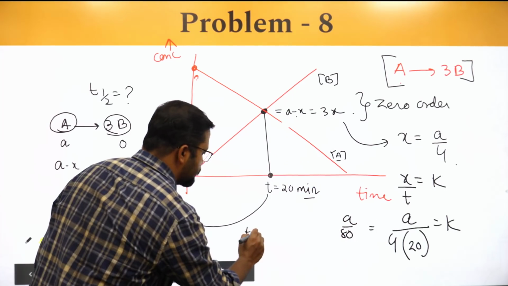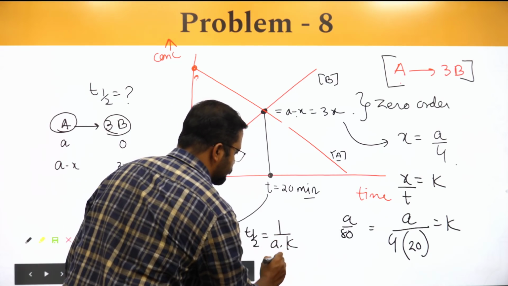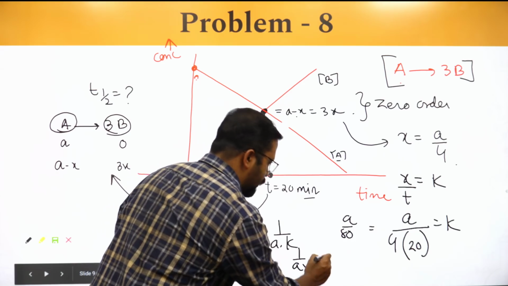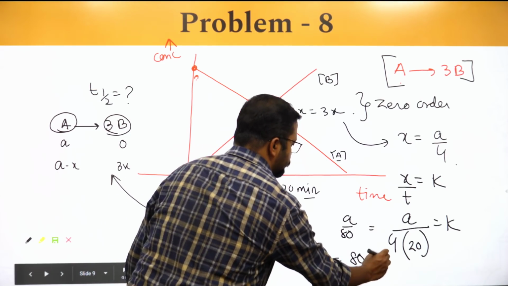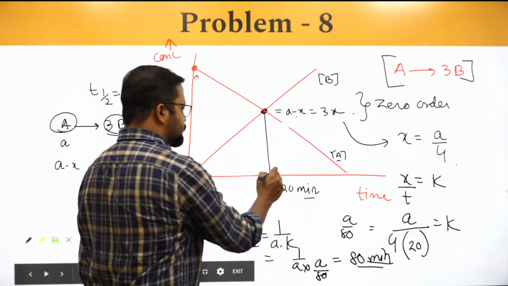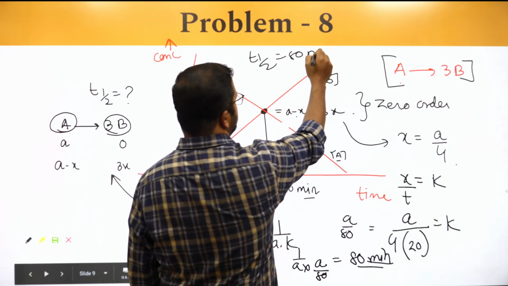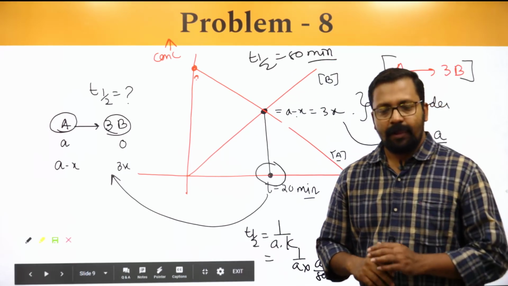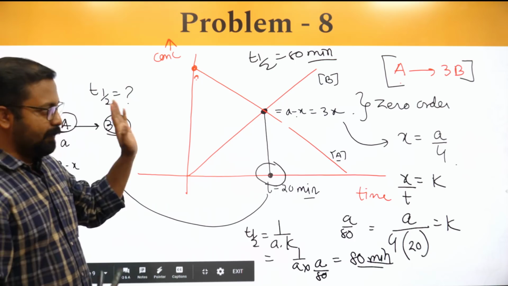Now you can calculate T half. T half is equal to 1 by A times K, which is equal to 1 by A. K is equal to A by 80, so it will be equal to 80 minutes. The right answer to this question will be T half is 80 minutes.